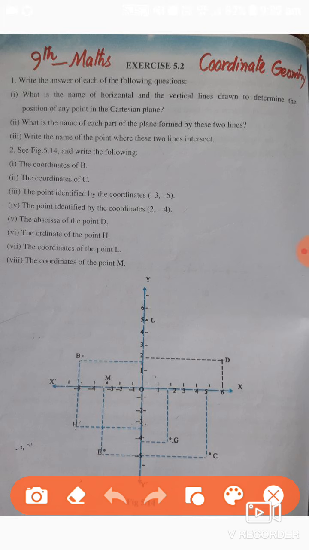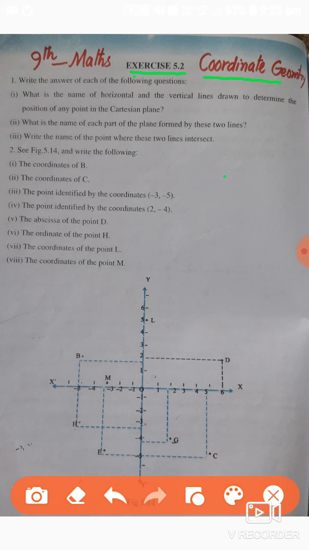आज हम चालू कर रहे हैं एक्सरसाइज 4.2 ऑफ कोऑर्डिनेट ज्योमेट्री। तो पहला क्वेश्चन जो है इसमें, write the answer of the following questions। हमने इन सवालों के जवाब लिखने हैं। इससे पहले हमने कॉन्सेप्ट को इंट्रोड्यूस किया था। कोऑर्डिनेट ज्योमेट्री के मुतालिक जो कॉन्सेप्ट थे हमारे पास, coordinate Cartesian plane, coordinate axis, coordinates of a point, and how to specify a point in a Cartesian plane or XY plane.